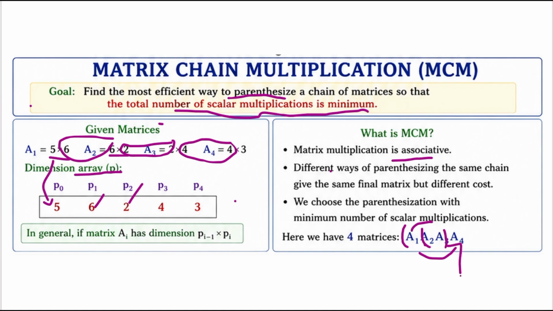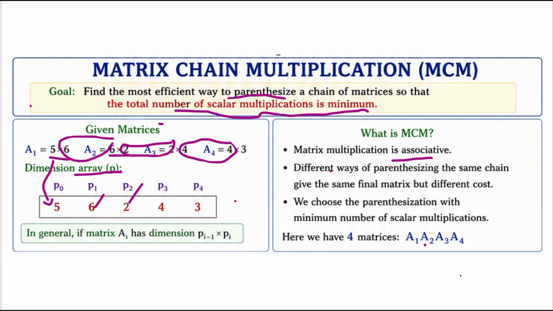So many parenthesizations and splittings are possible to multiply the chain of matrices. Which one gives the best result? Best result means the minimum number of scalar multiplications. That is the best way to multiply the chain of matrices.